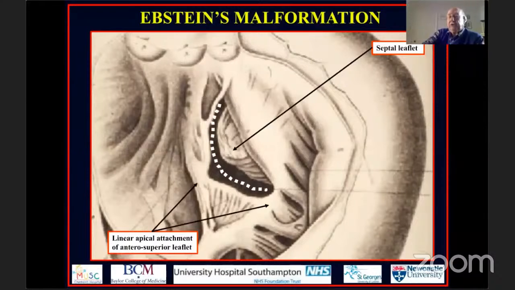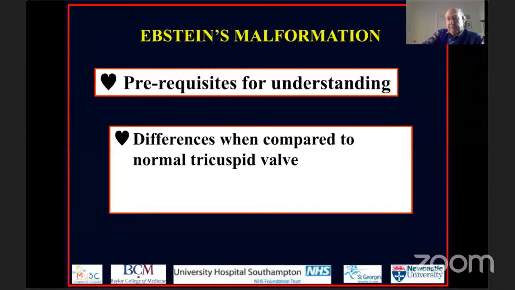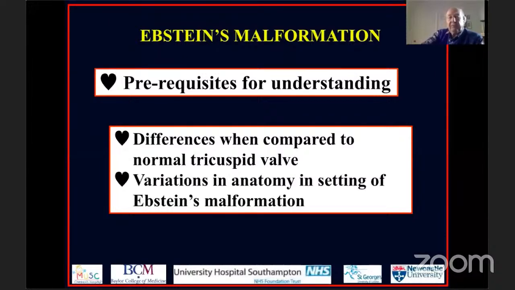And this is another important feature that I'm going to emphasize as we look at modern day pictures of Ebstein's malformation. So if you are to understand the differences between this abnormal arrangement, then we of course need to compare those abnormalities with what is going on in the normal tricuspid valve. But then we need to take note that no two cases of Ebstein's malformation are alike.